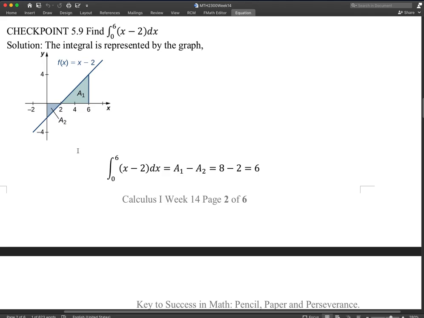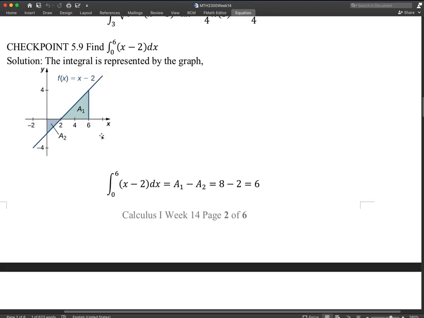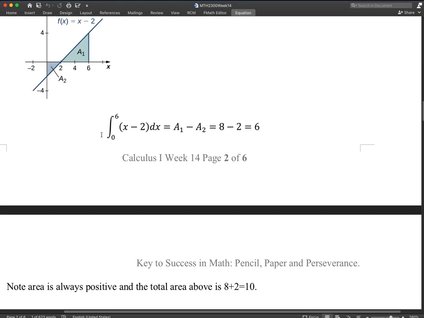But anyway, if you are calculating an integral using the area approach, keep in mind it is always the area on the top minus the area at the bottom. Another quick reminder here is to keep in mind that area is always positive, while the integral could be positive, could be negative, and also could be zero.